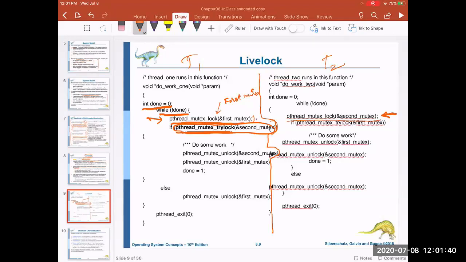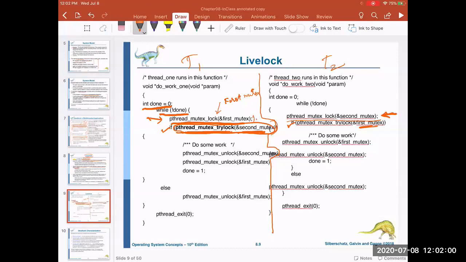Now the next instruction is this. What would happen? Pthread mutex try lock would try on the first mutex, whereas in thread 1 this would try on the second mutex, and they just keep on failing.